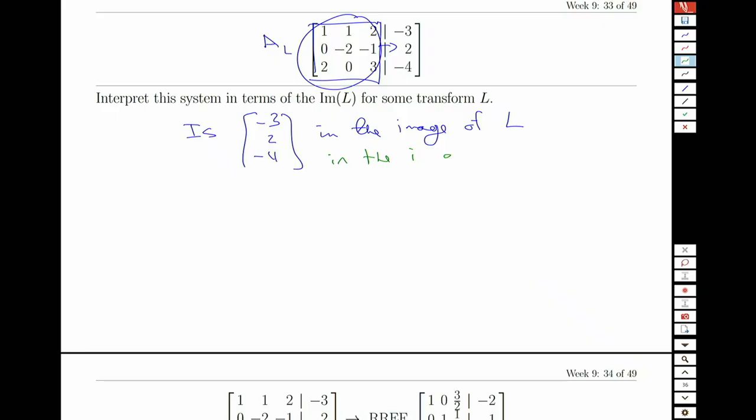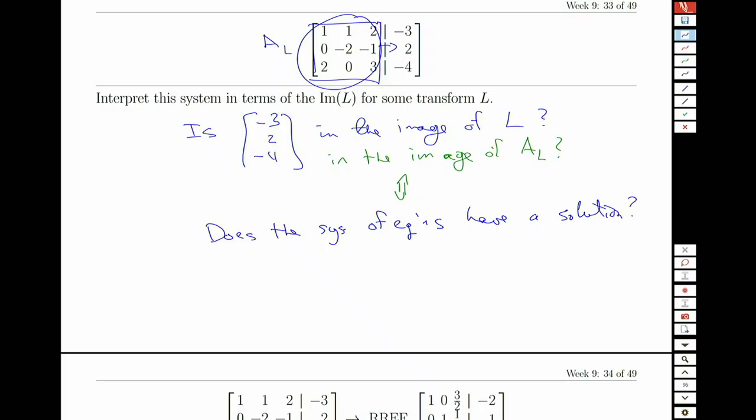We often talk about the matrix being a standalone thing, the standard matrix associated with L, and that's going to be, again, equivalent to, does the system of equations have a solution? That's new.